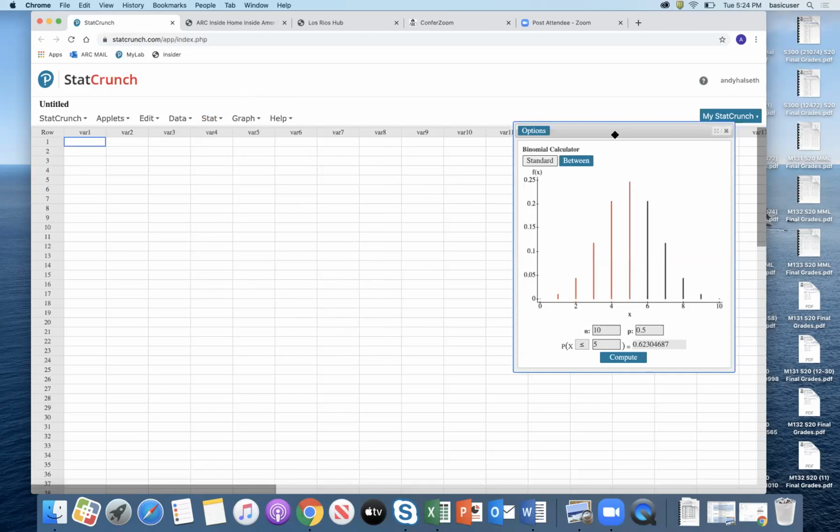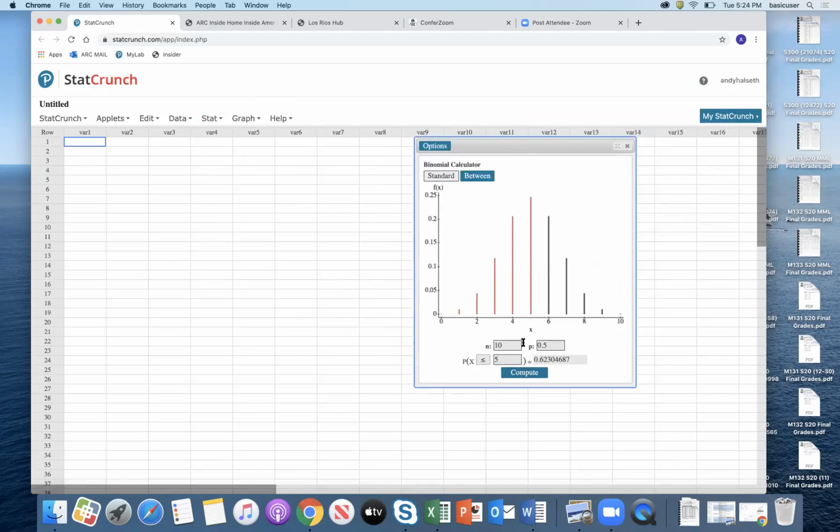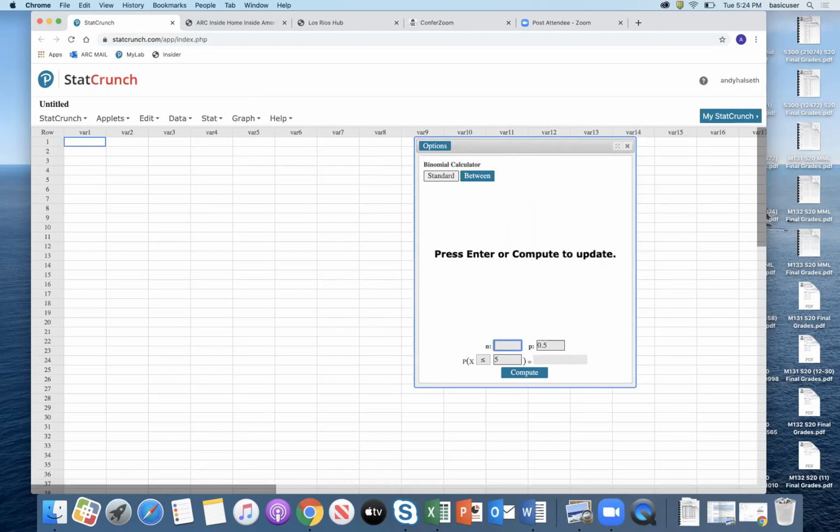Here's the default: n is 10. You just have to change these around. In our problem, n is 5 and p is 0.25. Then I can change this inequality to all of these different options. Right now I'll just do equals, and the first one, equals 1, compute. I get 0.396 for that one.